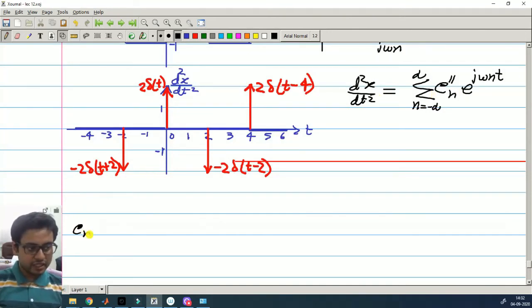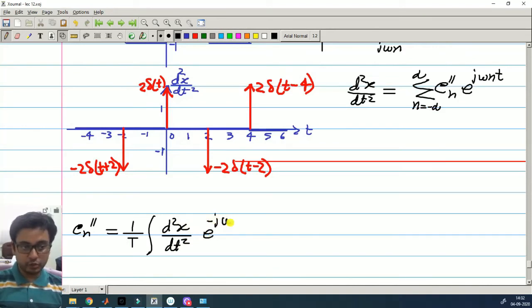Now Cn double prime can be written as 1 over time period integration of this signal d2x/dt2 e to the power minus j omega n t over a complete cycle, and I can choose any complete cycle starting from any arbitrary point.